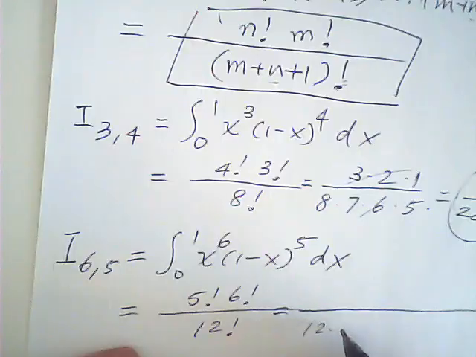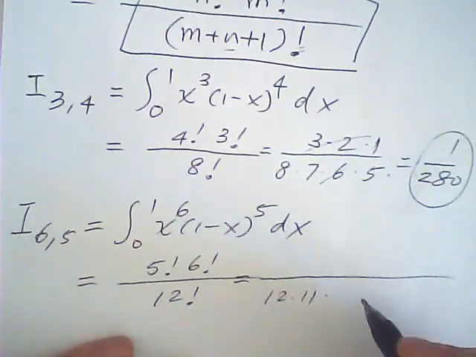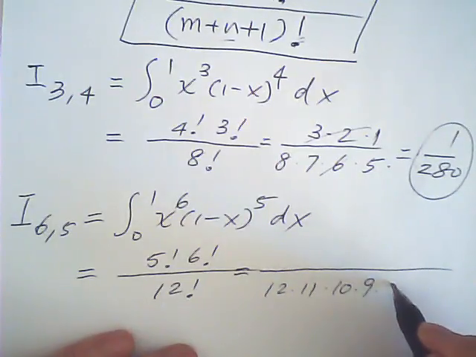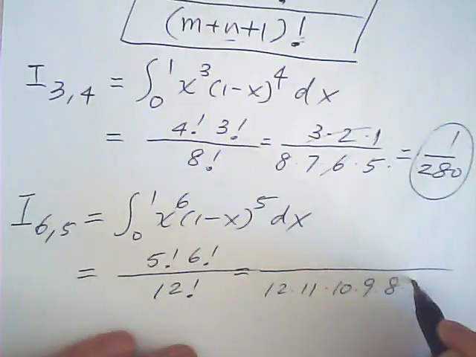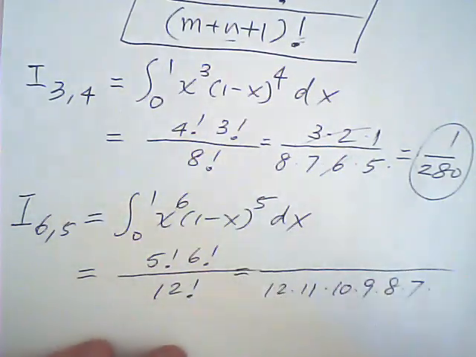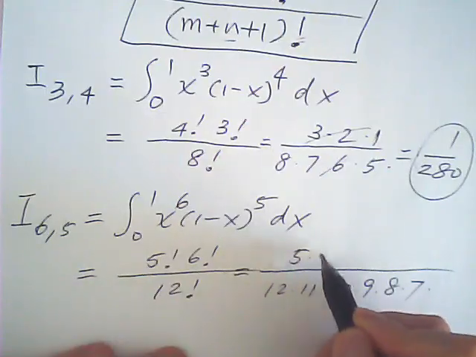Well, this is 12 times 11 times 10 times 9 times 8 times 7 times 6 factorial. That cancels with the 6 factorial, so this is gone, and left over is 5 factorial.